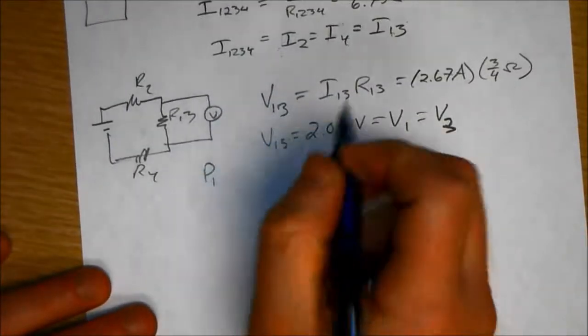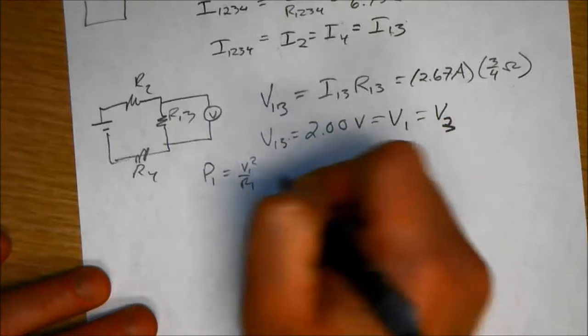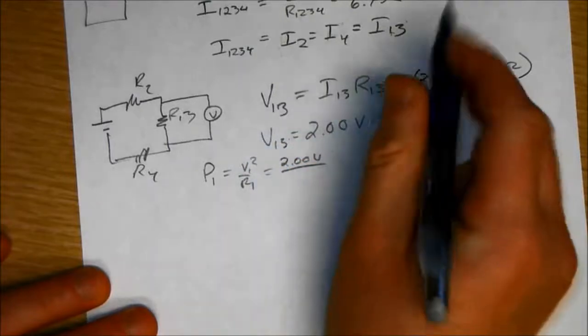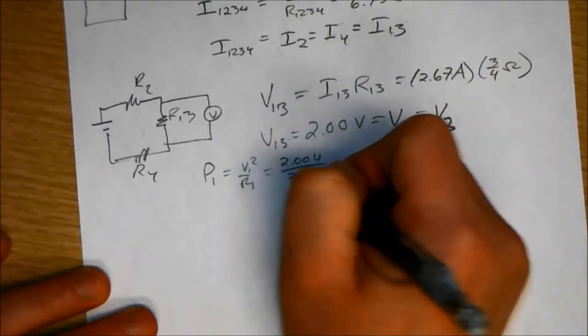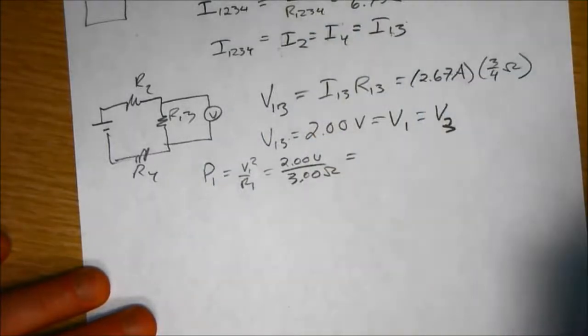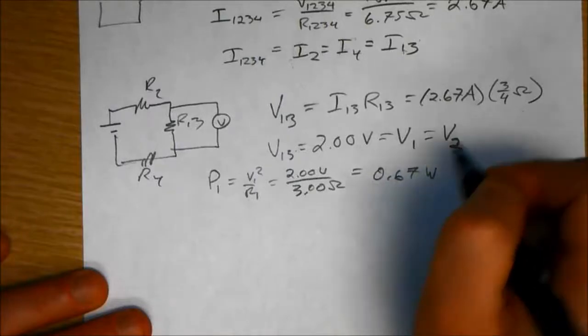So the power in resistor 1 is V squared over R, V1 squared over R1. So that will be 2 volts over 3 ohms. The power through resistor 1 then is 0.67 watts.